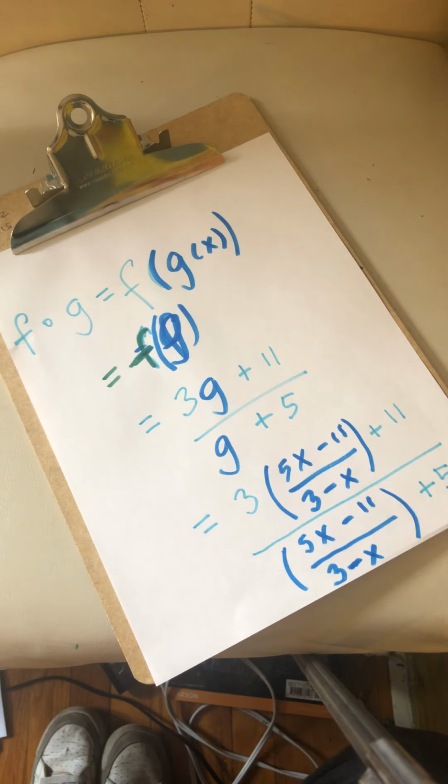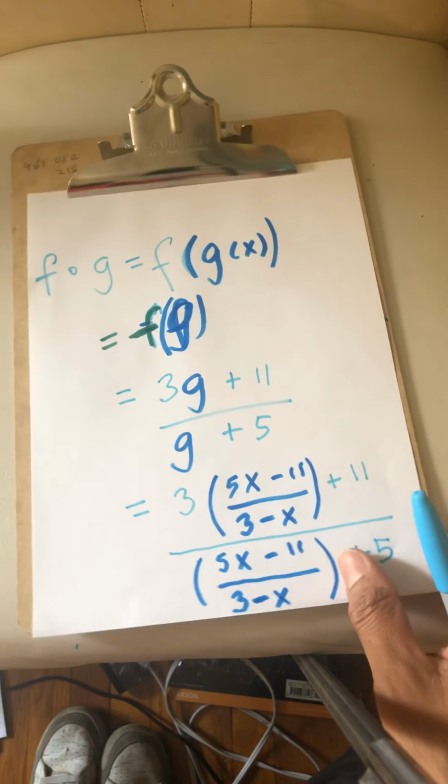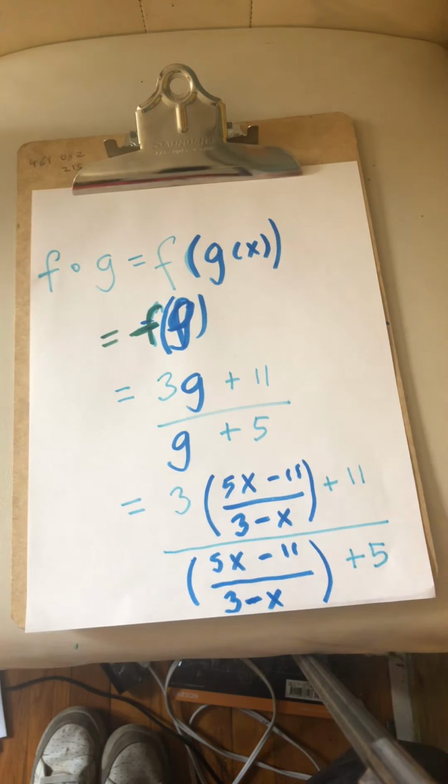All right, so now I'm going to take this and flesh it out and see what happens. I'm going to give you an alternate way after this. This is way too long.